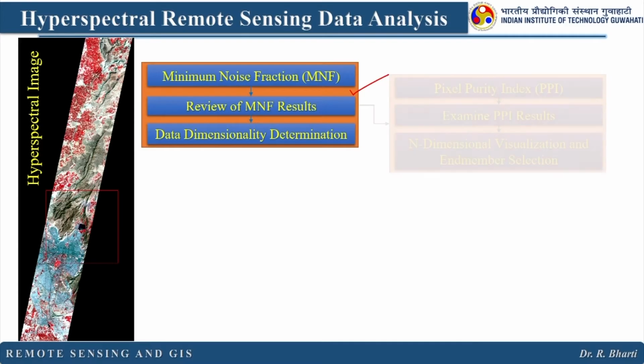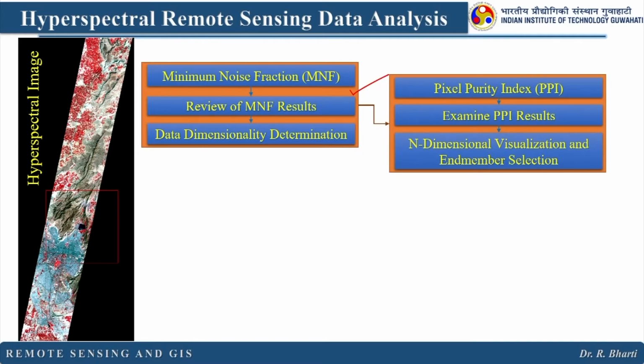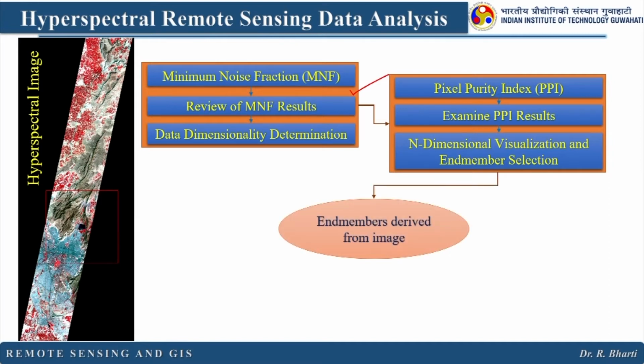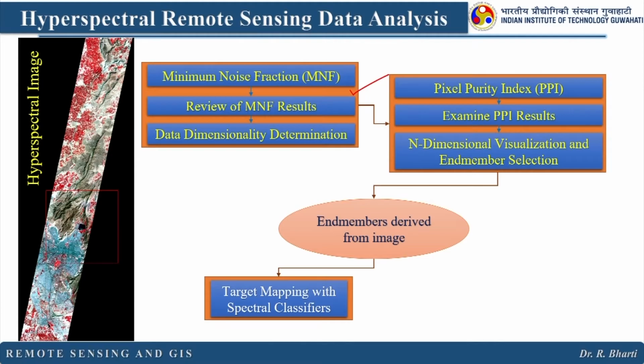Once we are done with that, then we go to PPI, pixel purity index, and then we derive the endmembers, and once we have the endmembers, then we use those endmembers to classify this particular image, right, and once we classify, then you can analyze the result and estimate the accuracy of your data. But here we have identified the endmembers from the image itself.